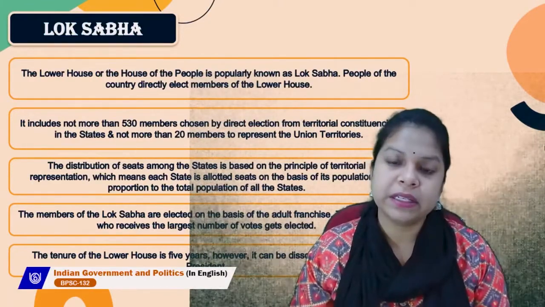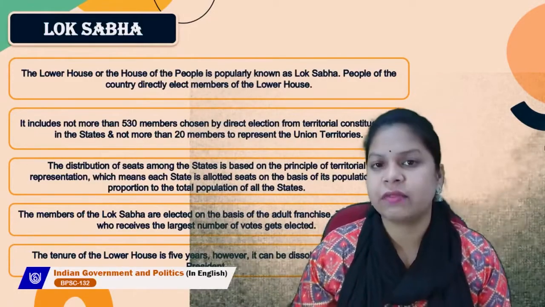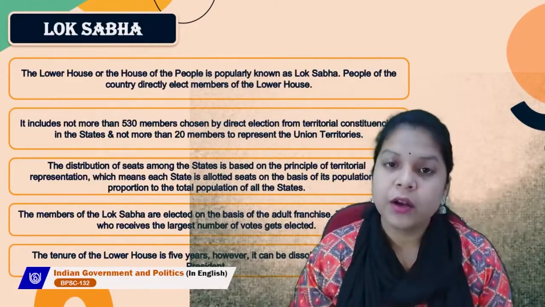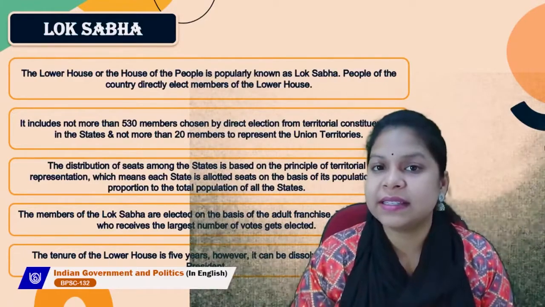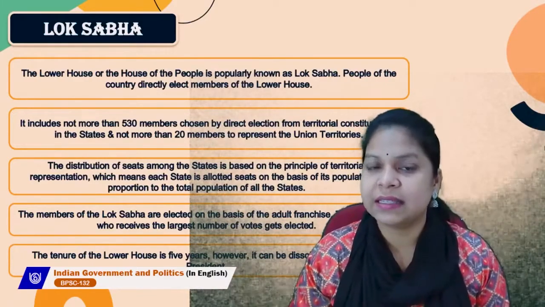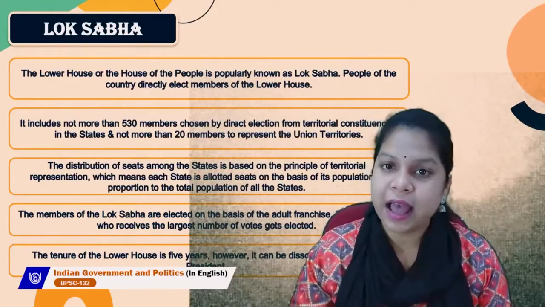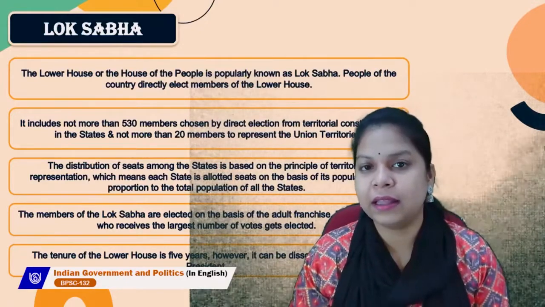By territorial representation, they mean that in a country like India, which is very huge and vast, not all states have the same territory. Each state has its own territory. Some have larger areas, and some states have very little area.